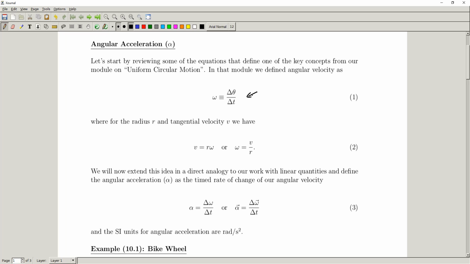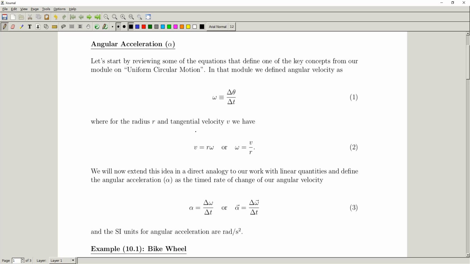It's defined as the change in angle over the change in time. We also saw there that we can relate our angular velocity to our tangential, or linear, velocity through either one of these equations. We can write our linear velocity v equal to our radius times our angular velocity, or rearrange it and get the other equation.